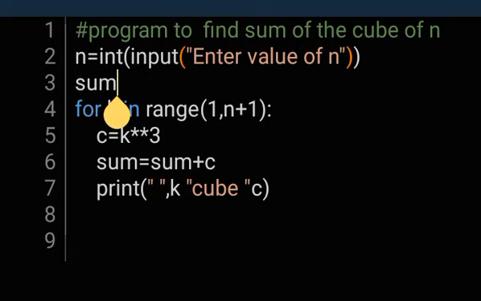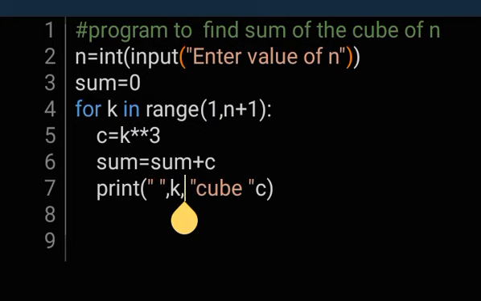Let me assign 0 into sum. I initialize it before the loop, by assigning 0 into my sum. So there's a comma in between, as a separator, there's a comma in between k and c.